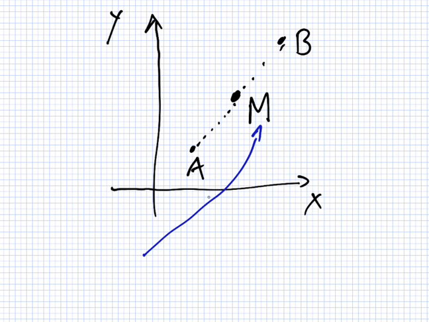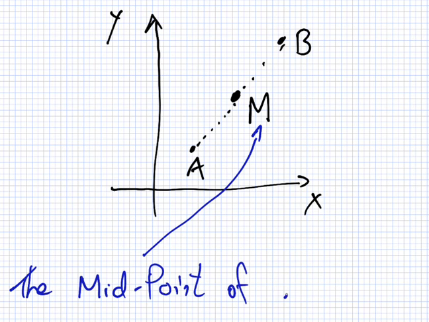Does anybody know its name? Yeah, this is called the midpoint of A and B. That's what the M is called. So if I say midpoint, mid meaning just middle or center, yeah.